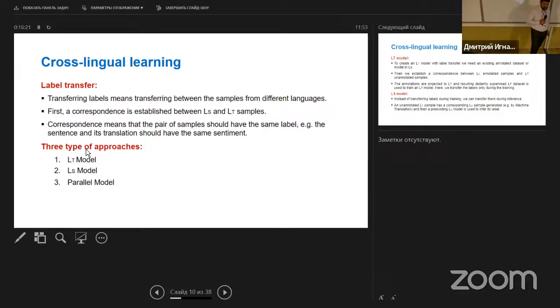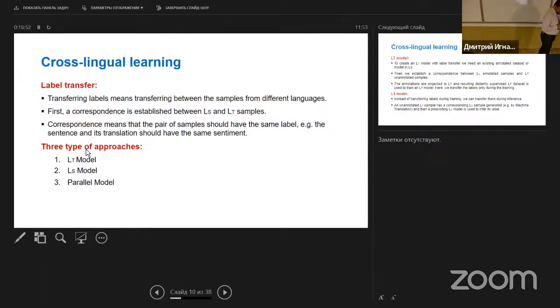First of all, we have to establish a one-to-one correspondence between the source language instances and the target language instances. For example, a sentence and its translation have the same sentiment. Once the correspondence is established, we can share the labels.